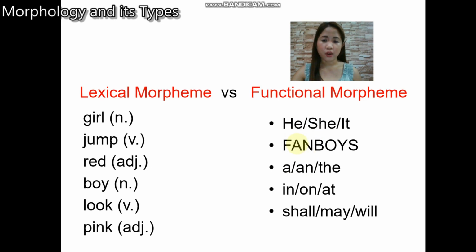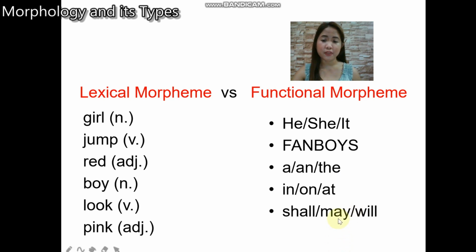F stands for for, A stands for and, N stands for nor, B stands for but, O stands for or, Y stands for yet, and S stands for so. Then we also have the articles a and the. We also have prepositions in the form of in, on, at.